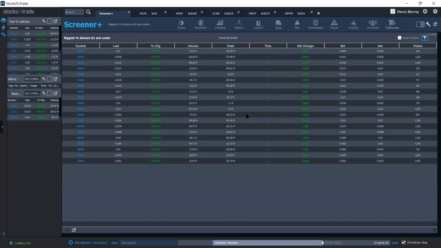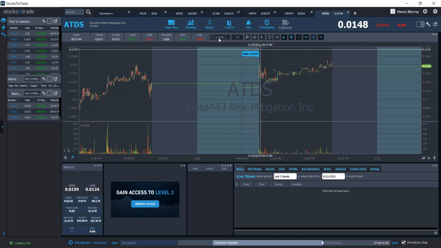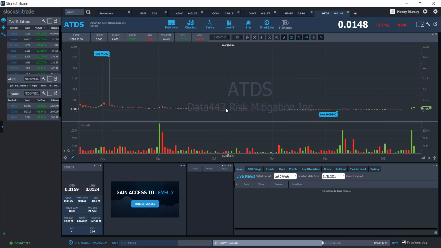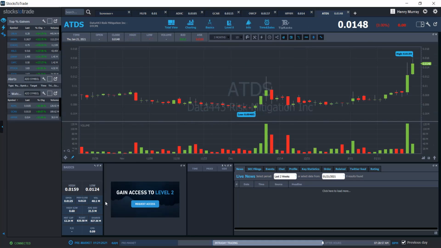ATDS is the next stock. Over the 6-month period, little to no volatility, but lots of trading volume. This is what it looks like in a shorter time frame, 3 months.